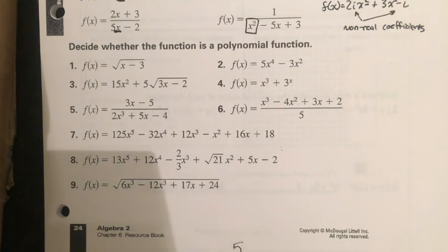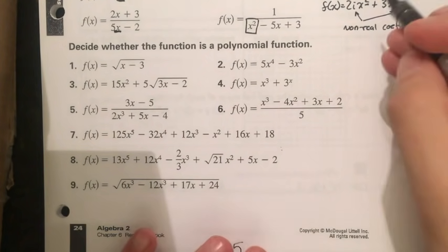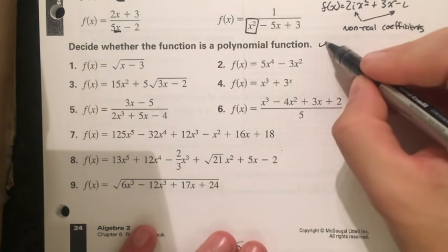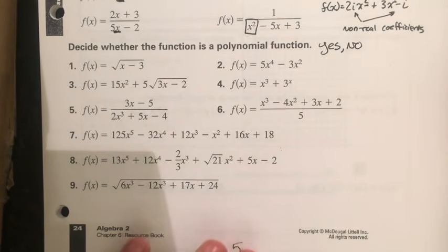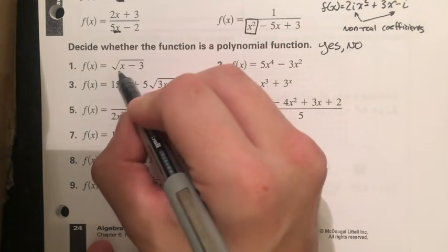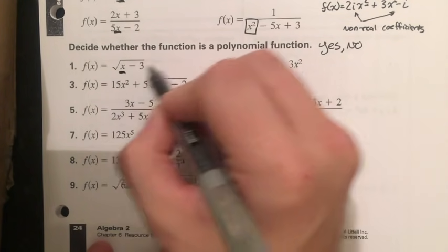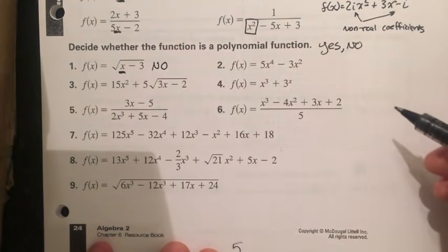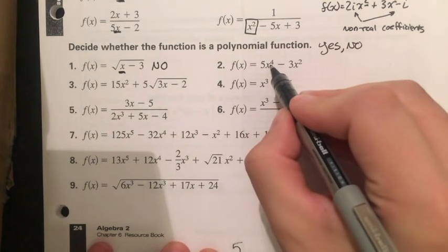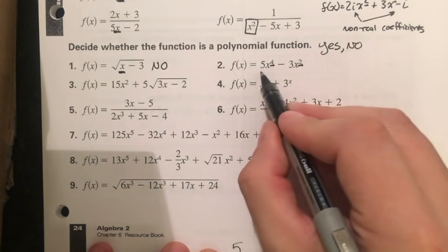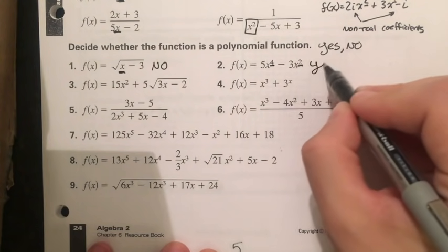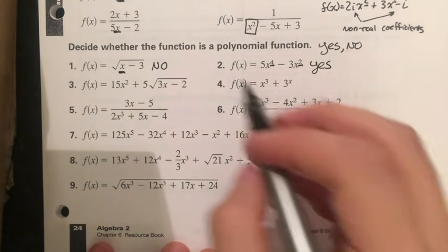Now that you've had a second, I am simply going to say, yes, it is a polynomial, or no, it is not a polynomial. Question 1, since I have an x under a square root, that would be a no. Number 2, I do have whole number exponents. I don't see an i, so yes, a polynomial.